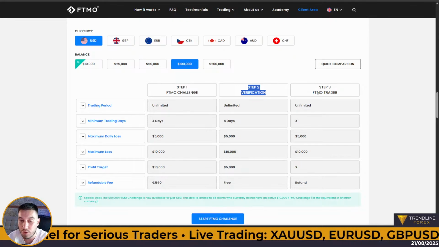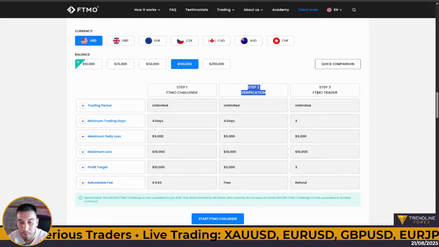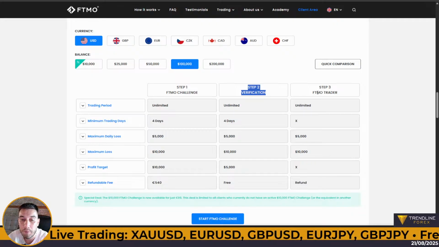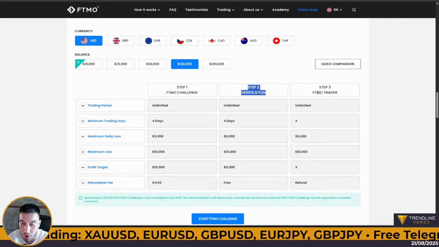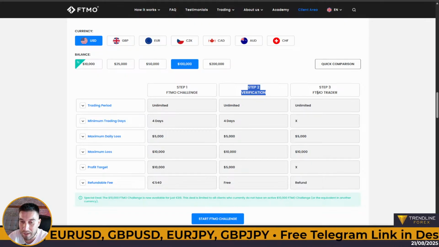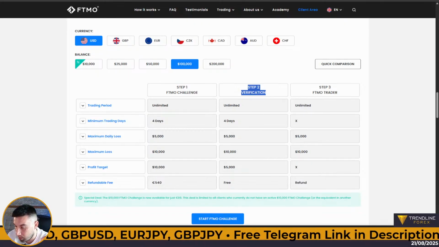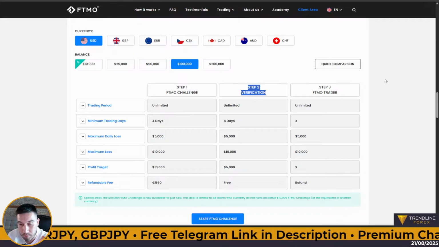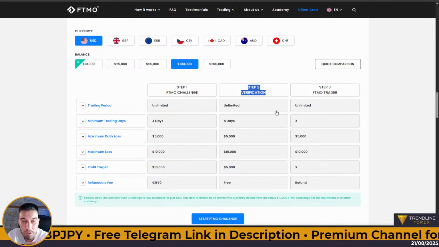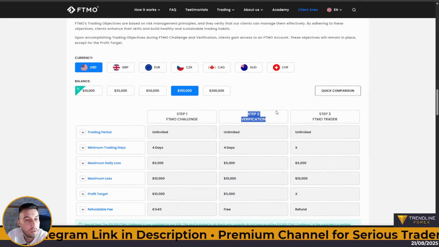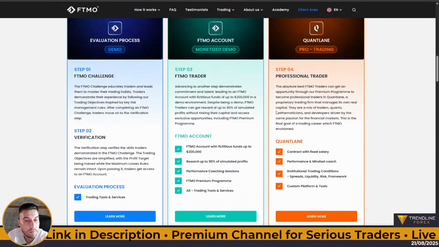So if you start with a drawdown and then keep digging yourself a hole because you're taking bad trades, because you're only thinking about the profit that you can make, you can easily lose that account. And it has happened to me on multiple occasions actually. So sometimes you pass a challenge, but you don't get to a payout.